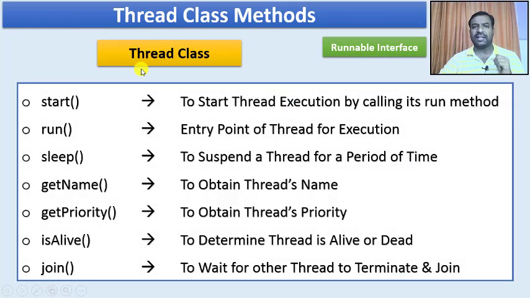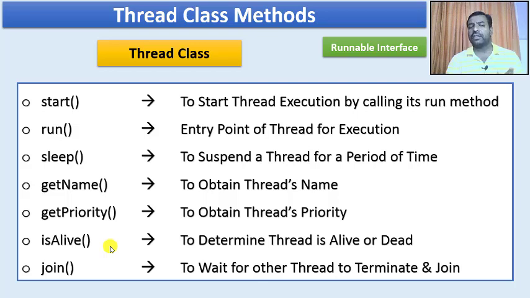When I say Thread class, we have a set of methods which belong to this class called Thread, and the methods I have put here are not a complete list. These are the important methods which we have picked and are projecting only for this discussion.